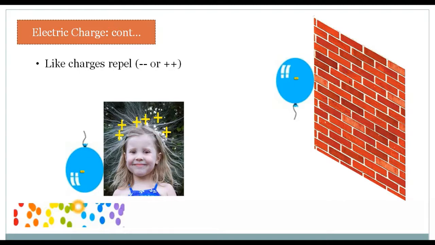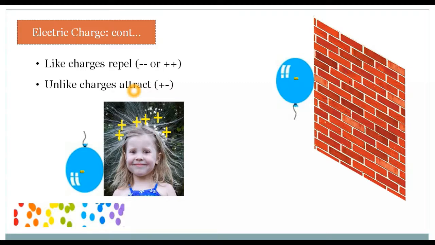So the conclusion was that like charges repel each other, right? That means negative negative charge or positive positive charge will repel each other. Whereas unlike charges, that means positive negative, or you can say negative positive, they will tend to attract each other.